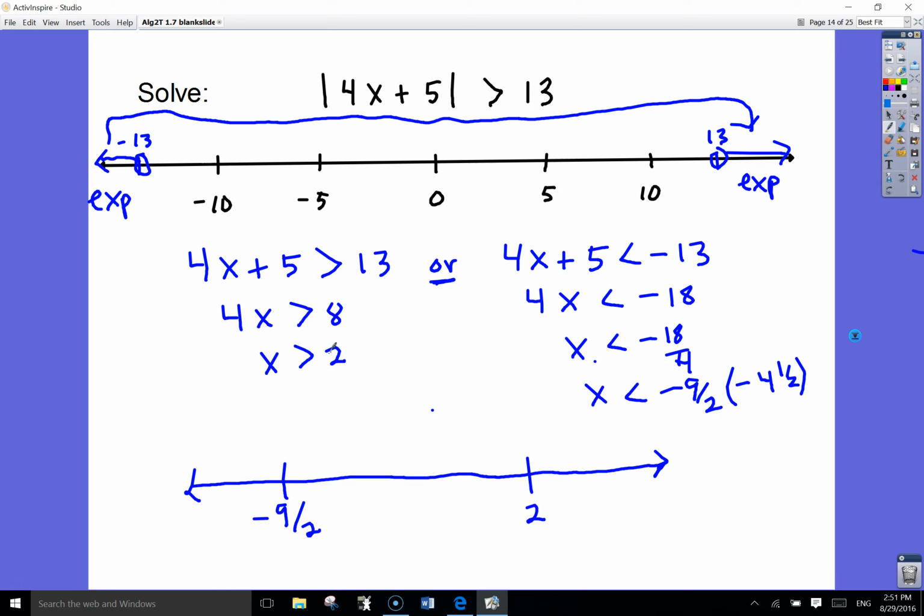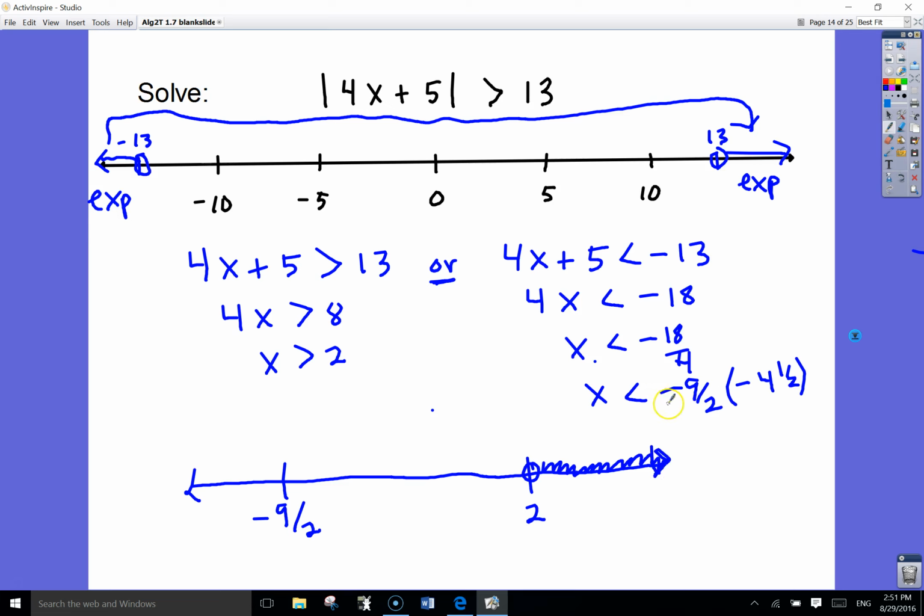Open or closed circle on 2? Because it does not have an "or equal to," it is open. And then we have to add shading. If the x values, which the shading represents, are greater than 2, which side of 2 do I shade? The answer is to the right.